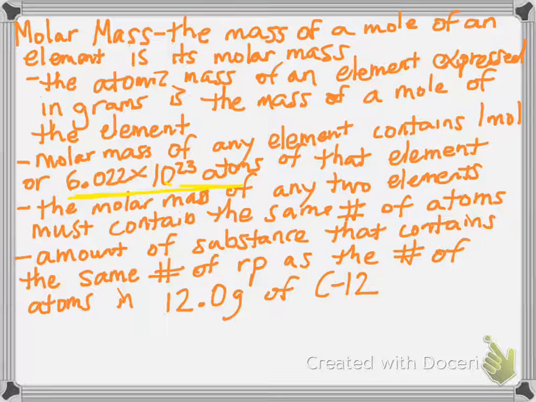Again, all this is saying 12.0, that's the mass from the periodic table for carbon. So if I have 12 grams of it, that means I have 1 mole of it. If I have 1 mole, that means I have 6.022 times 10 to the 23rd atoms. Okay, and that's what molar mass is. So a molar mass is the amount of substance that contains the same number of representative particles as the number of atoms in 12.0 grams of carbon-12.